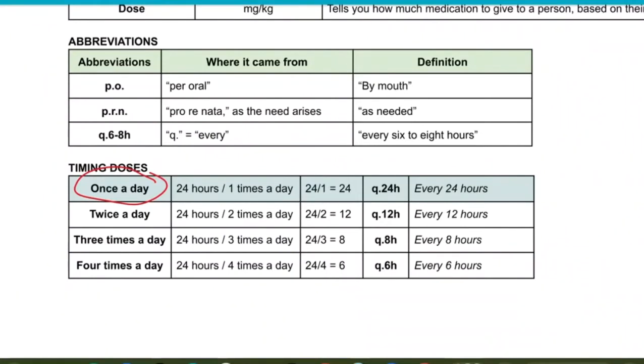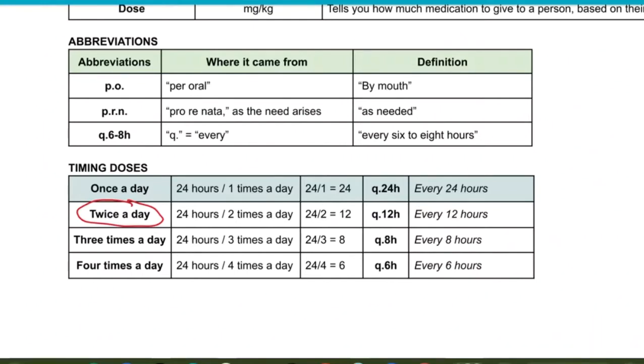You're giving that medication once every 24 hours, and so you might write it as Q24H. If your problem says that you are giving the medication twice a day, you want to make sure that you're using the recommended dosage that's expressed in units that use your Q12 hours.